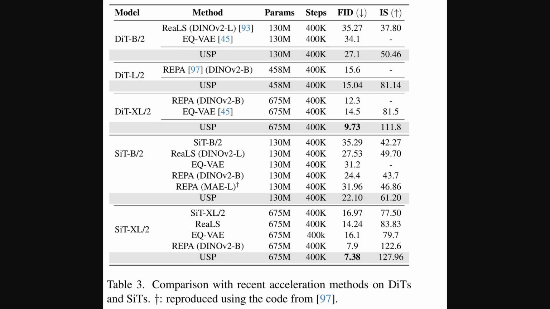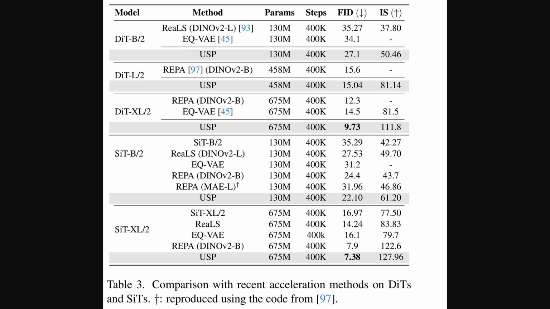Okay, so we saw how USP speeds things up in Figure 3. Now, Table 3 here gives us a head-to-head comparison, pitting USP against other recent acceleration methods, things like REPA and REG, for both DiT and SiT models. It's looking at the FID and IS scores after 400,000 training steps.